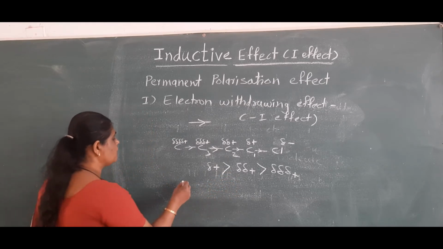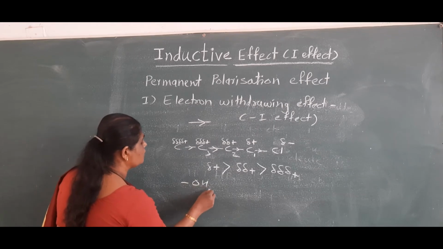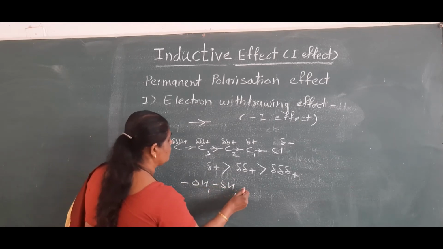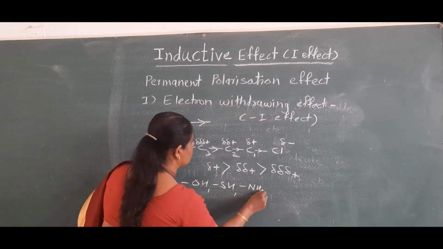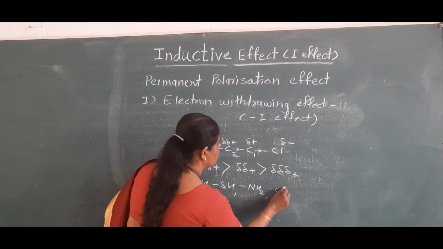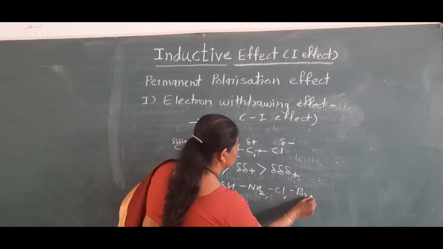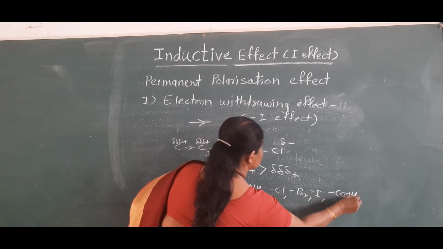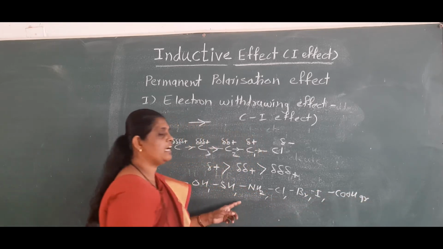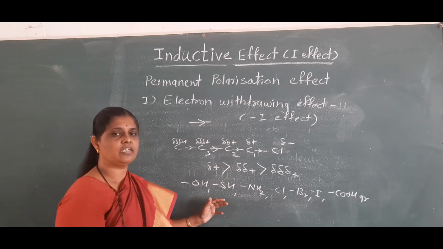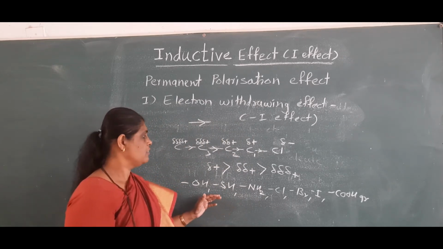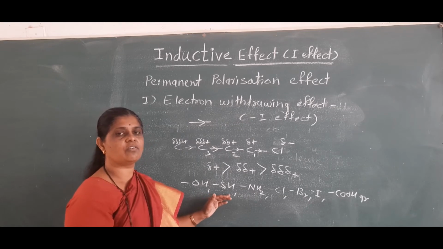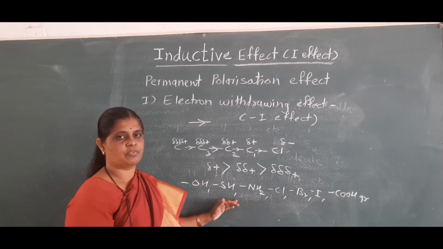The groups like OH, SH or NH2, or chlorine, bromine, iodine, carboxylic acid group, such groups have the tendency to withdraw electrons towards themselves. Such groups are known as electron withdrawing groups.